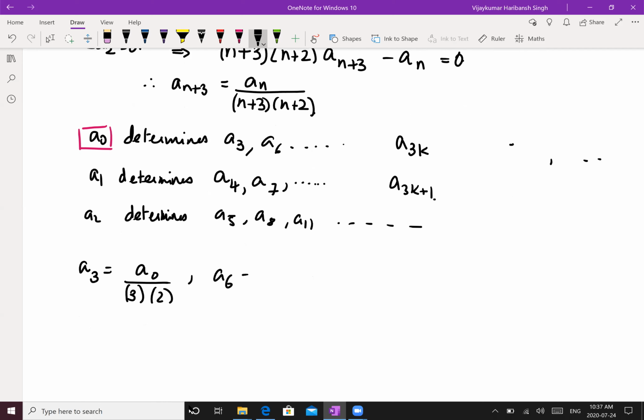a6 is a3 divided by 5 times 6, which is going to be a0 over 2, 3, 5, 6.